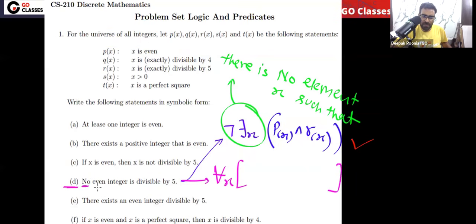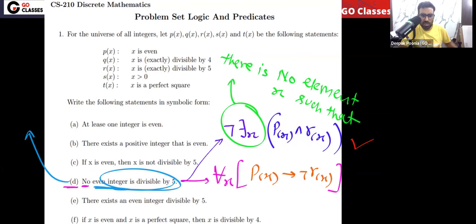We are making a claim that if it is even, then it is not divisible by 5. Yes or no? Because this statement D, I can rewrite. I am saying for all the integers, if it is even, then it is not divisible by 5.